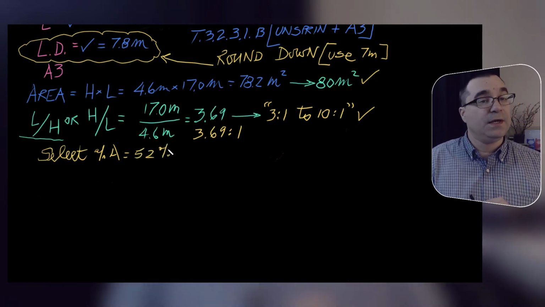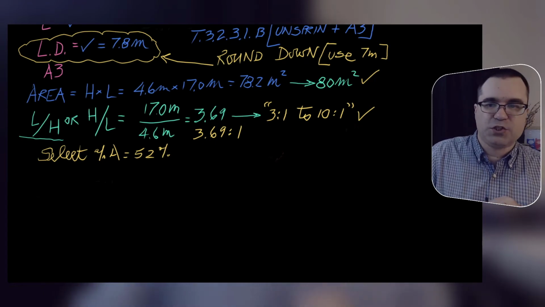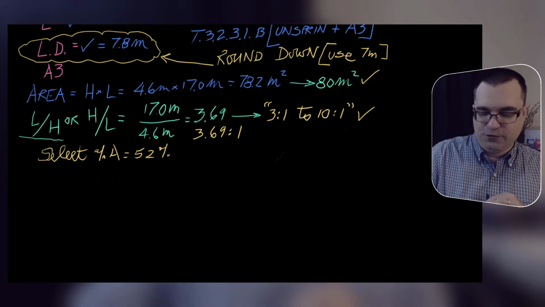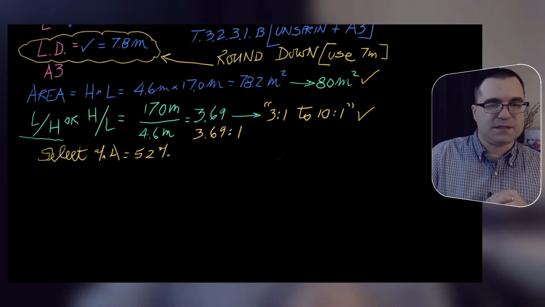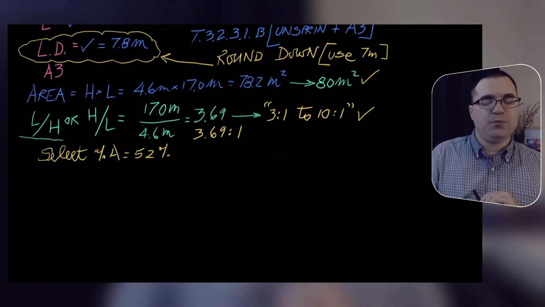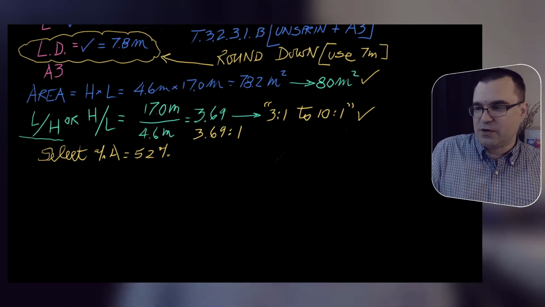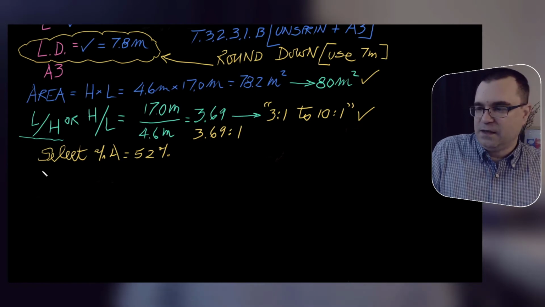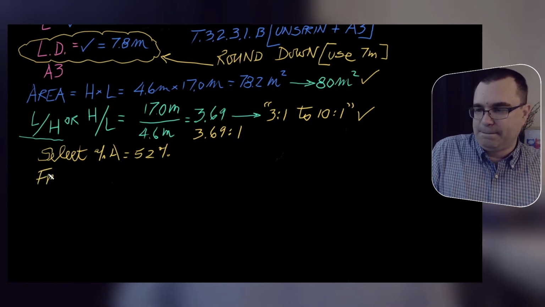Are we done? No, because in this specific question, we're also being asked to figure out the construction requirements. So that's where table 3.2.3.7 comes from. Let me just make a note of that.